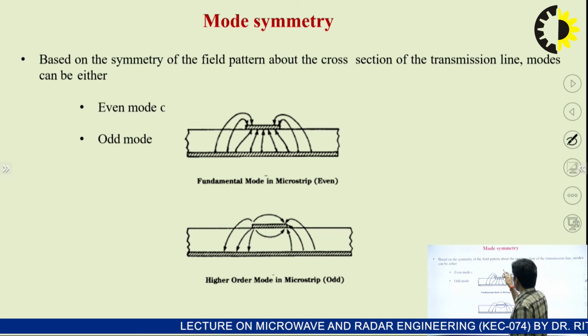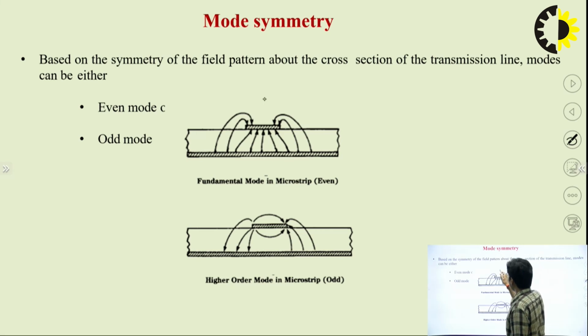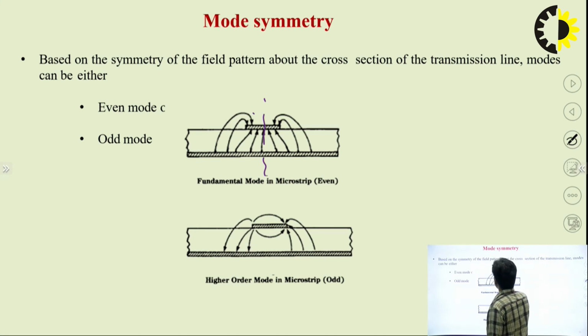So this is a kind of symmetry in the electric field here, and you can see this is an even symmetry. So the fundamental mode always has even symmetry, and this one is a higher order mode. Here we can consider the field negative on one side, and this one is always positive.